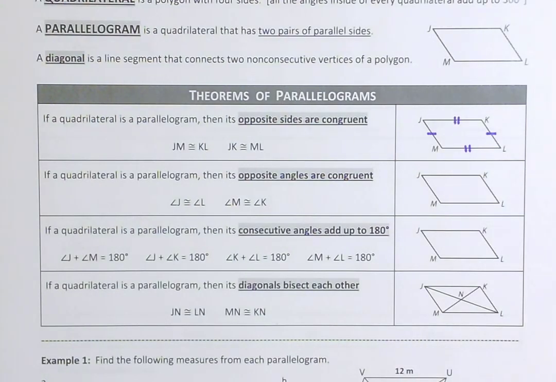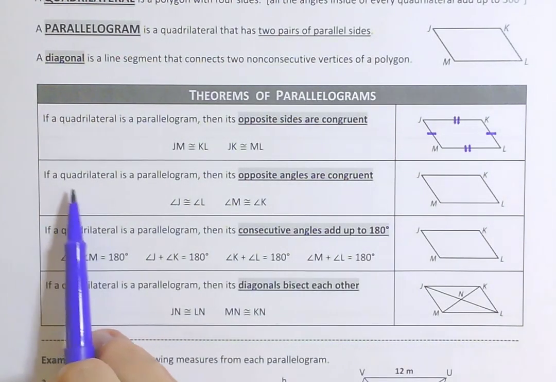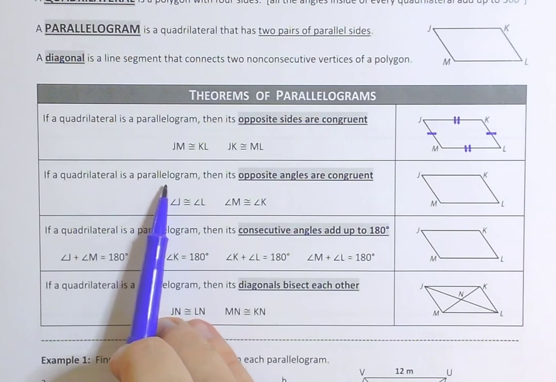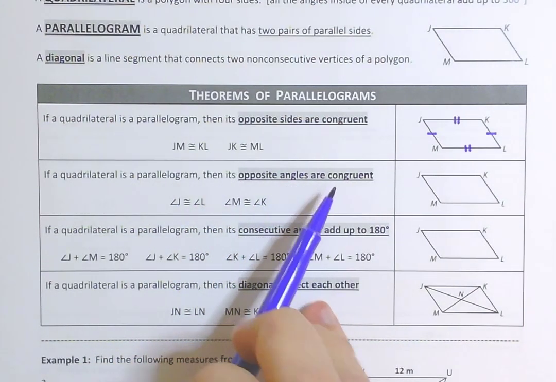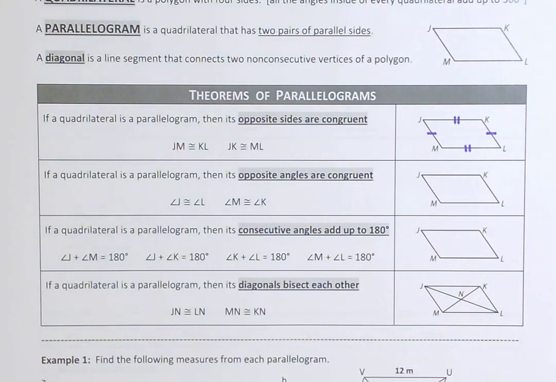Our second property for today is: if a quadrilateral is a parallelogram, then its opposite angles are also congruent. So in parallelograms, opposite sides are parallel and congruent, and the opposite angles are also congruent to each other.